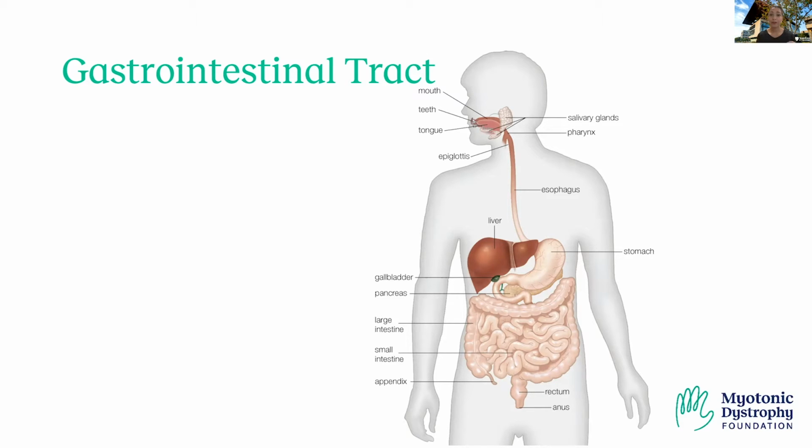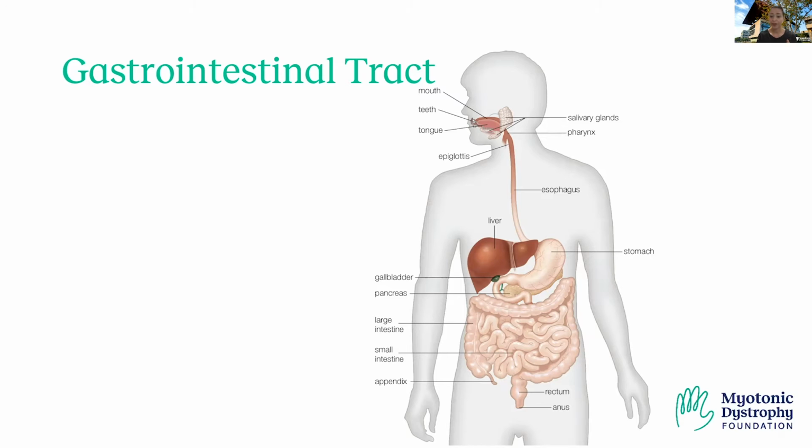Then finally, the food, which is really more of a liquid content by now, gets to the colon, or the large bowel, or the large intestine, and this is the part where the water is absorbed into the body. And finally, the content, now called stool, is stored in the rectum and gets out of the body through the anus.